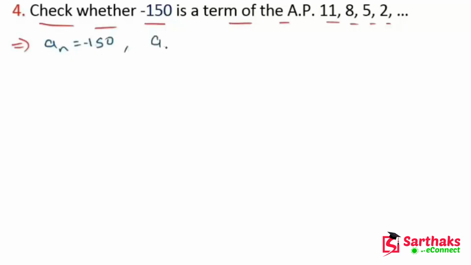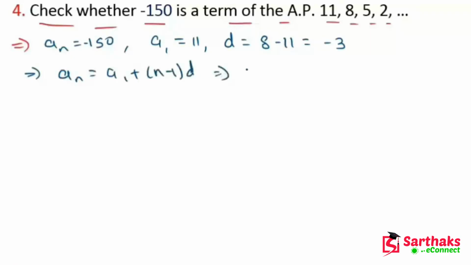We know a1 is 11 and d is 8 minus 11, which is minus 3. Now we have to find the value of n. So how can we find it? We use the formula a1 plus n minus 1 into d, and we know minus 150 is equal to a1, which is 11, plus n minus 1 into d, and d is minus 3.